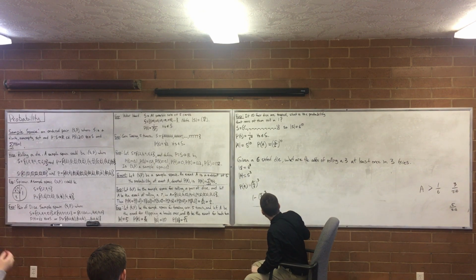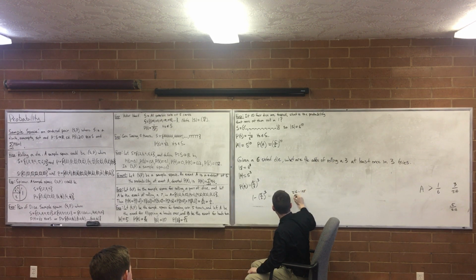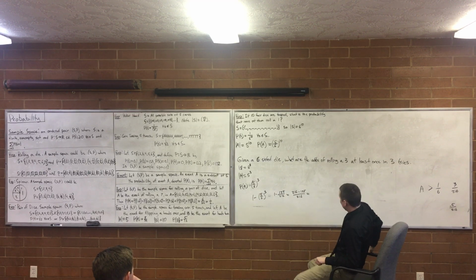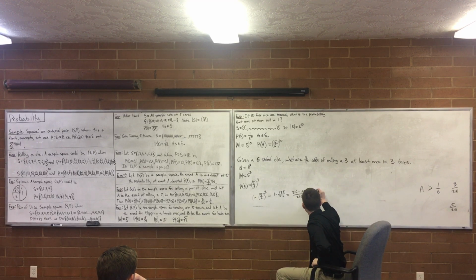Which is equal to, let's see, 1 minus 125 over 216. So that's going to be 216 minus 125 over 216. What is that? Is it 91? 91 over 216.